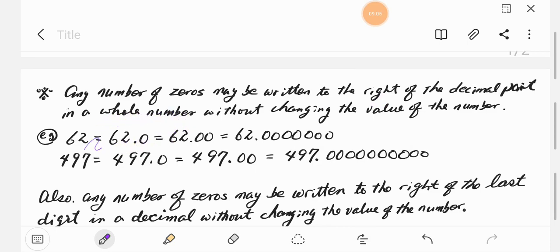So if a number is a whole number, like 62, then you can put a decimal point and put zeros at the end, as many zeros as you want. Still, the number is unchanged. Okay, so this is pretty obvious, right?